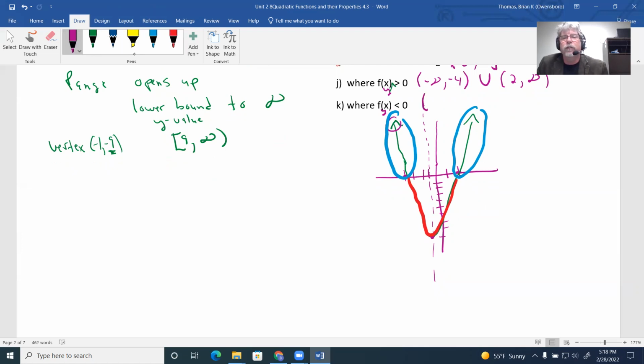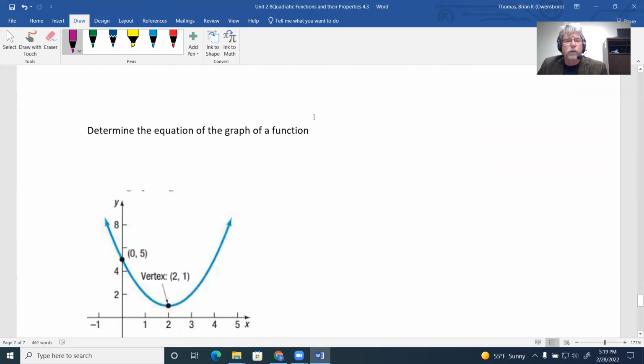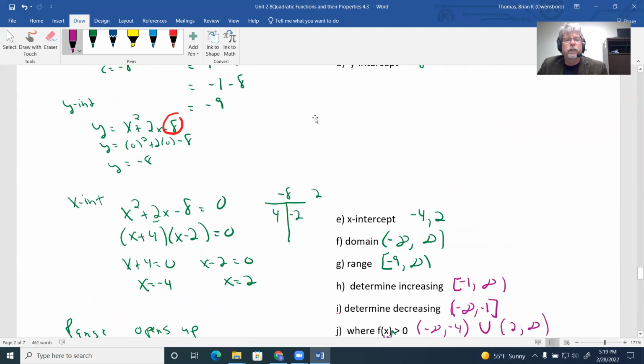So where the graph is less than 0 would be between -4 and -2. And again, you cannot include those because at -4, -2, we are actually equal to 0. So we have to use open bounds there to exclude those. So that's where f of x is less than 0, is that interval. So a lot of information to be had in this.